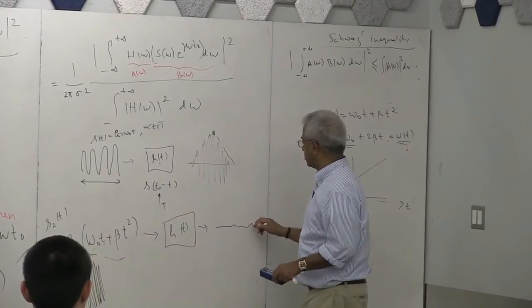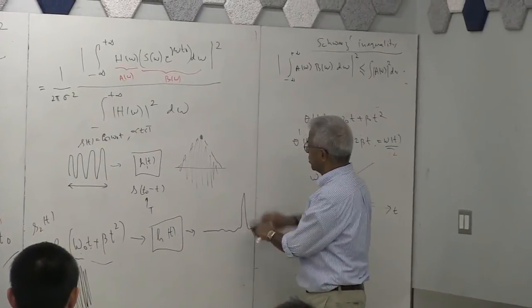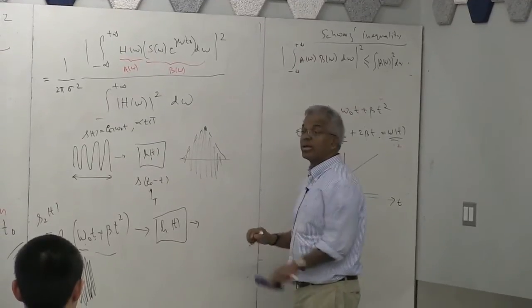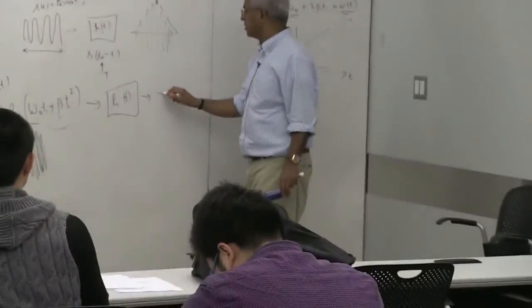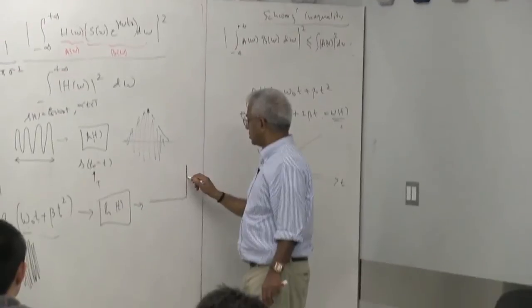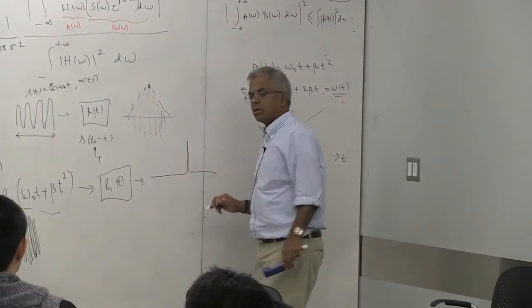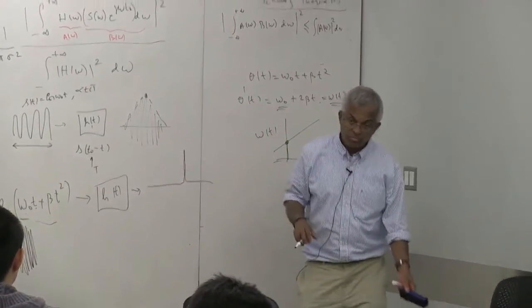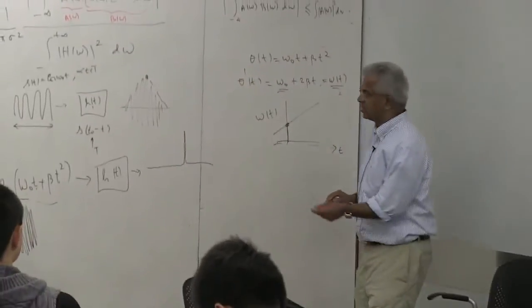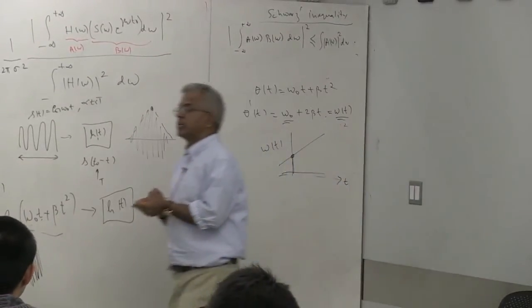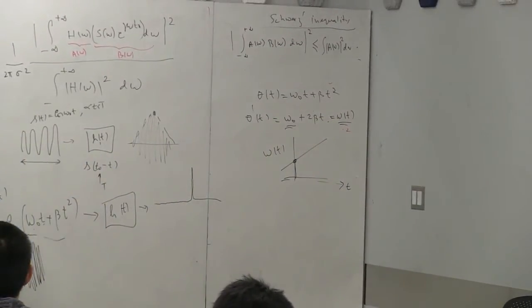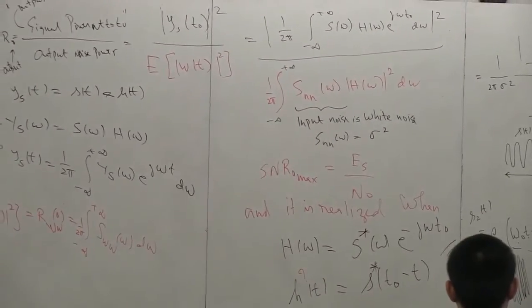Interestingly, the output, compared to this, has excellent compression properties. Why so? You can look into this. If you want some information, it is there in my book called Waveform Diversity. I'm not going to go through all this now.